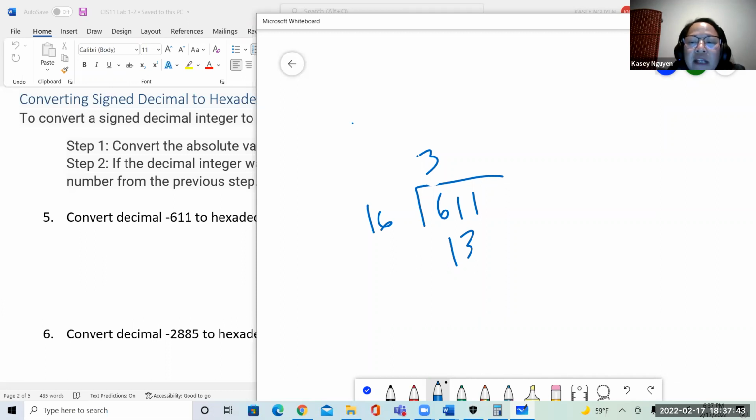And then 13, we're going to bring down the 1. So 131 divided by 16 is going to give you what?